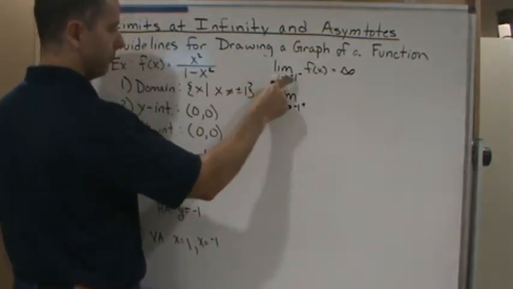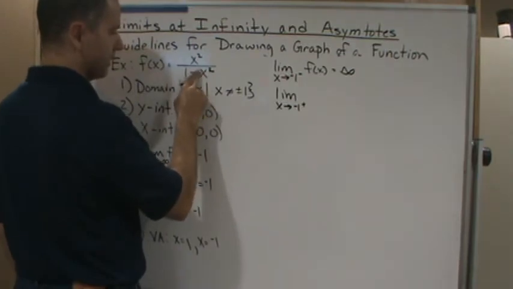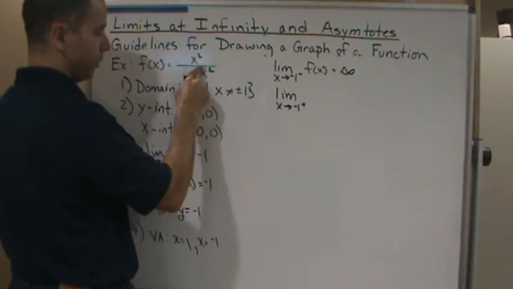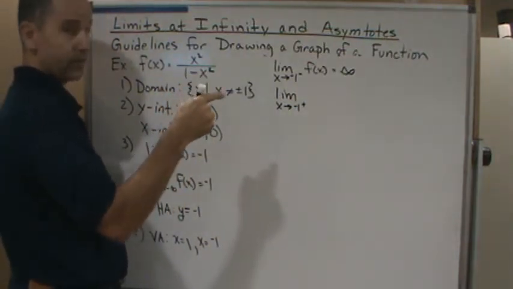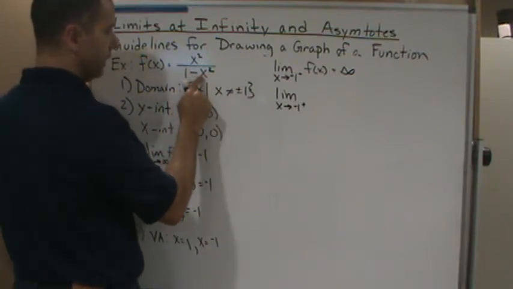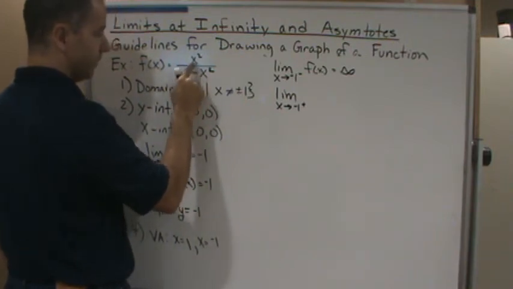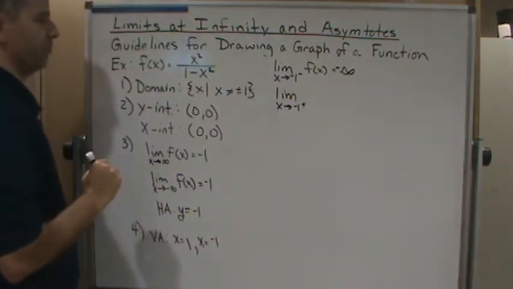If you're going from the left, you're putting in something that's going to be slightly bigger than 1 after squaring, because if you're going to the left, you're putting in like -1.01, -1.001, so it's going to be negative, but once you square it, you're going to have something that's positive but bigger than 1. So this is going to be negative, this is going to be positive, so this is going to go to negative infinity. Sorry about that.